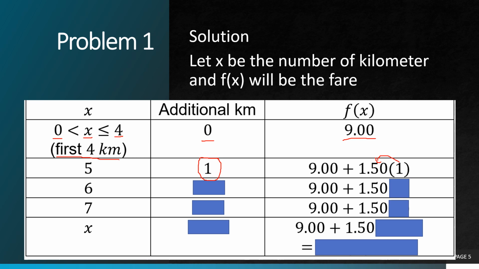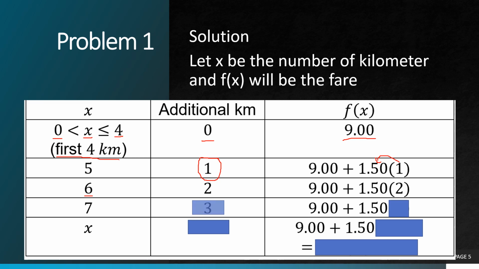How about for 6? For 6, there are 2 additional kilometers, and it is just like the second one, where if it is 5, 1 is multiplied to 1 peso and 50. For 6, 2 will be multiplied to 1 peso and 50, and the product will be added to 9 to obtain the fare whenever someone rides a jeep and travels 6 kilometers.